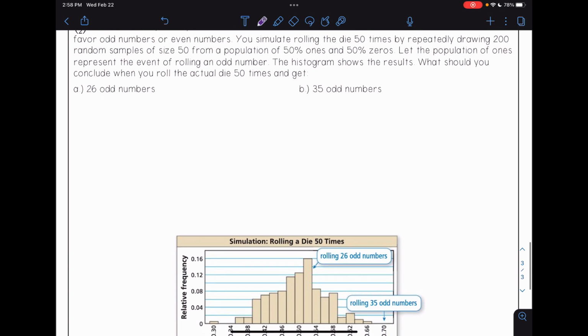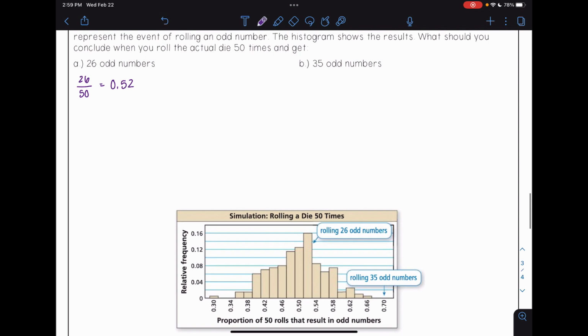And let's say we first get 26 odd numbers. So getting 26 odd numbers in 50 rolls corresponds to the proportion of 26 over 50, which is equal to 0.52. And so we see in our histogram here, 0.52, that's between the 50 and the 54.